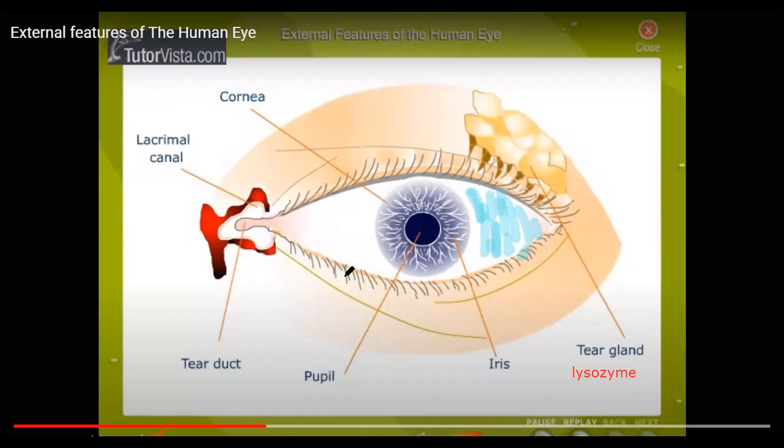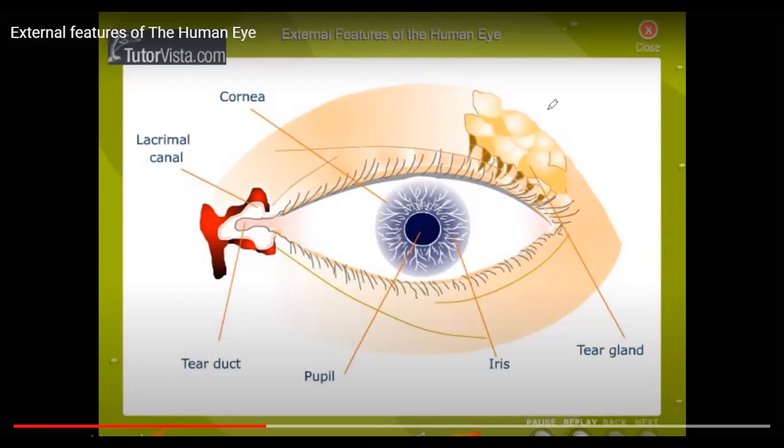It washes out any kind of small dust particles which enter our eye. Our eyes are exposed to lots of dust and lots of germs. These germs also enter your eye, and they are killed by this enzyme known as lysozyme. This enzyme helps in killing the germs which can enter your eye any moment.